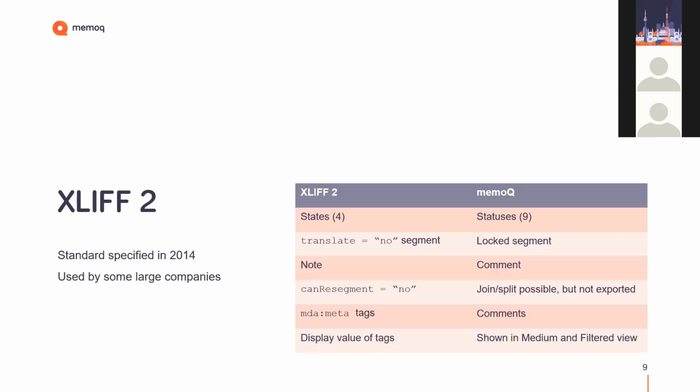Among them, XLIFF states are mapped to memoQ statuses, both at import and at export the other way around, and you can of course change what is mapped to what.